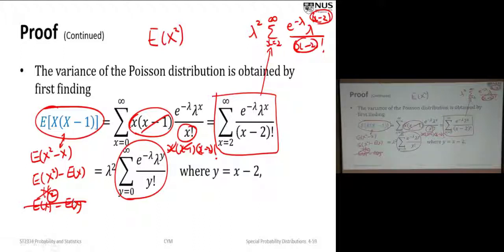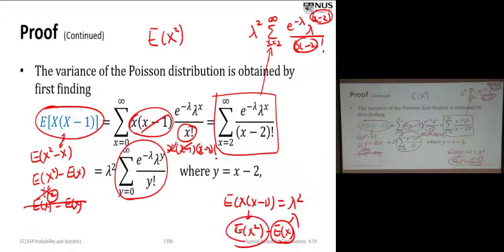So in other words, the expectation of x times x minus 1 equals lambda squared, but this equals the expectation of x squared minus the expectation of x, which is lambda. So in other words, the expectation of x squared is equal to lambda squared plus lambda. All right?